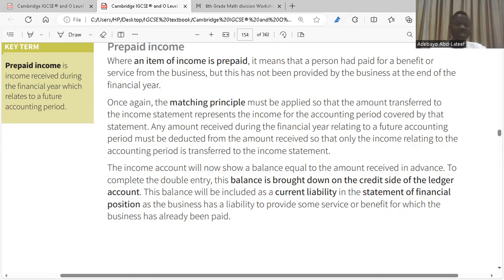On the credit side, because it is money you've received, but you've not carried out the job. It's just like you are owing the customer, just like you are owing the supplier. When you are owing a supplier, it will be on the credit side of your ledger because it is an amount payable. Yes or no? Yes. So that is why it's going to be the balance brought down on the credit side as 5,000. Yes or no?